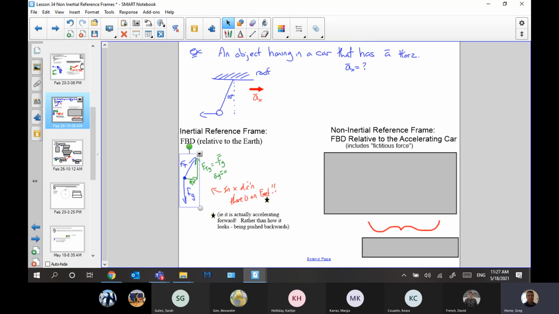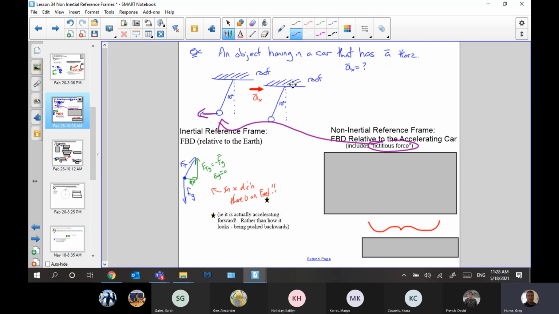In the reference frame of the car, if you didn't know the car was accelerating, there'd have to be a force pushing on it, making it deflect out at a 10-degree angle, right? So that fictitious force, let's make that purple actually, is included in this case.